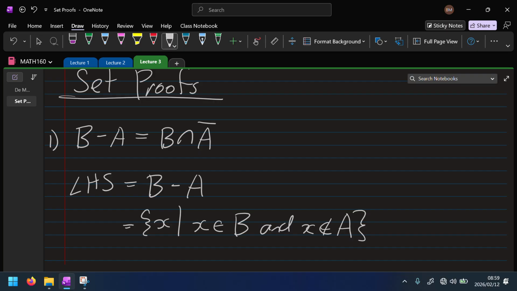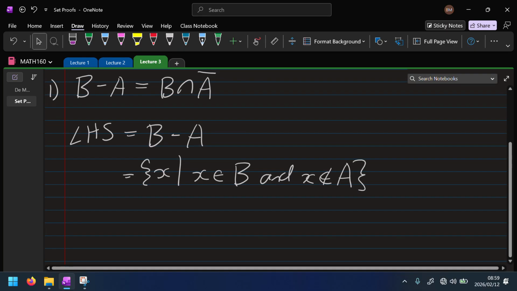Now, what we want to do is look at this for a little bit and try to get to this. Okay? So if X is an element of B and X is not an element of A, what is X an element of? If it's not an element of A, then it's an element of the complement.